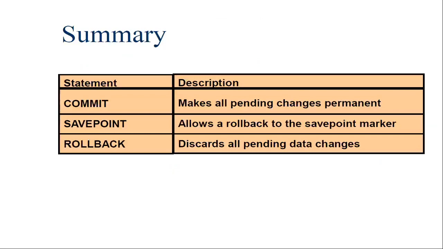Rollback is just going to discard all the pending data changes. All the changes made to the data items will be undone and discarded, and it is going to reach the initial state. So that's all.